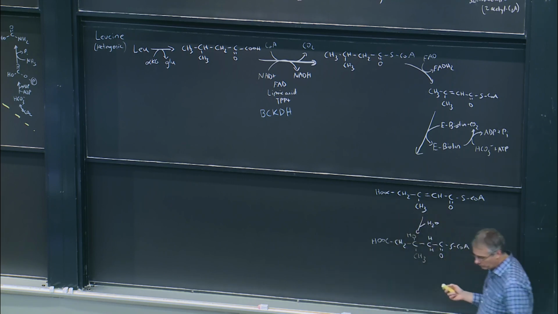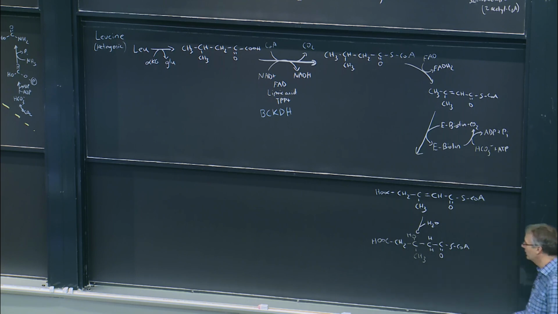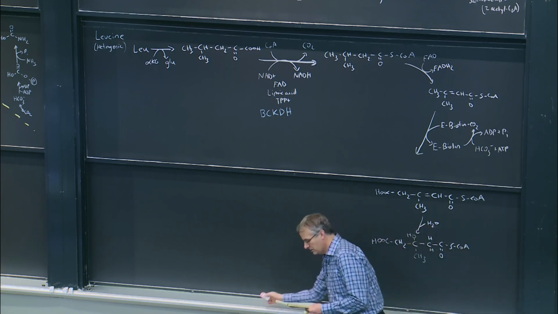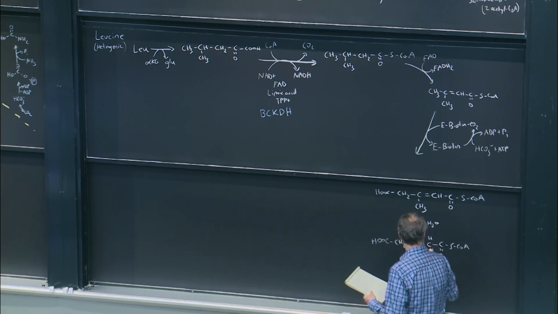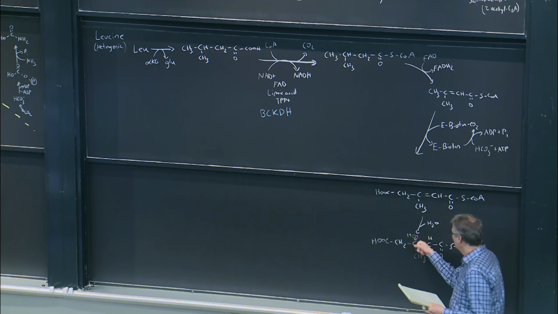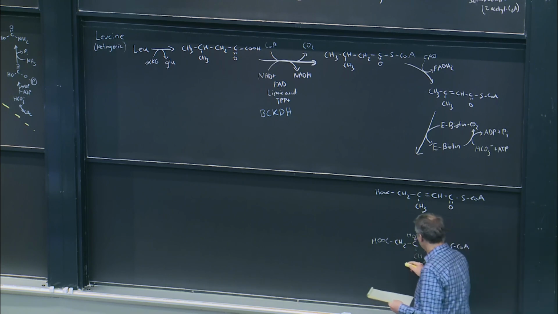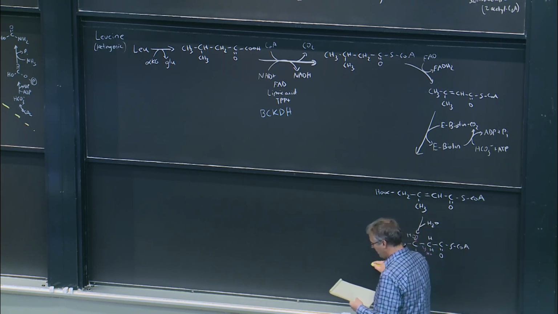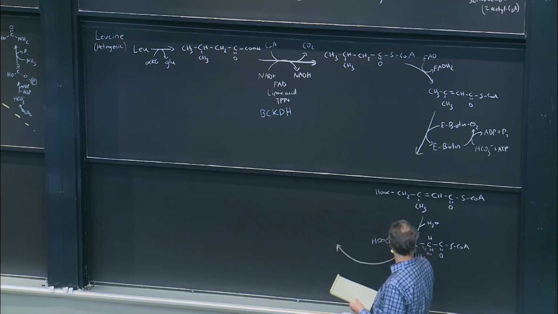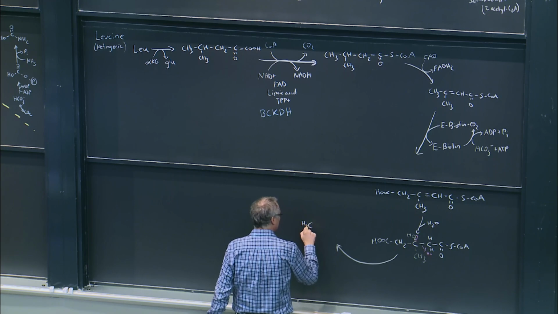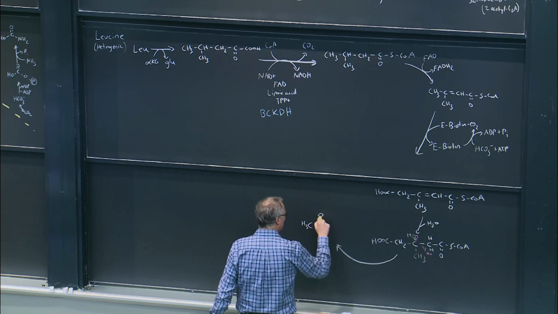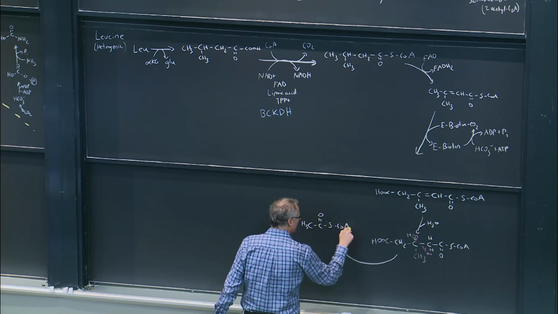Okay, so now we added water across that double bond, and then now we're just going to do this reaction, which will generate from this side of the molecule an acetyl-CoA.